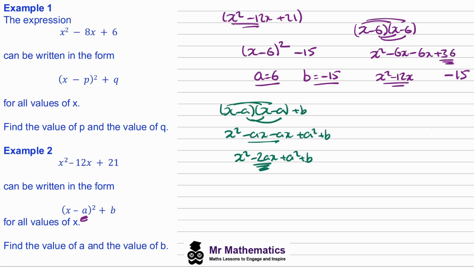The negative 2ax will equal the negative 12x. So a must equal 6. And for the constant terms, a squared plus b must equal the 21. So b must equal negative 15. So you get the same answer either way.